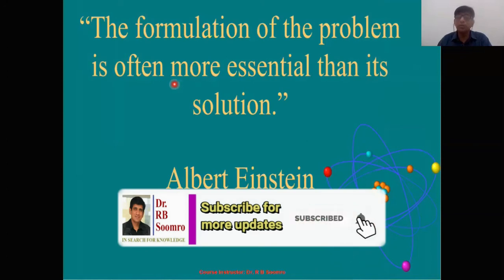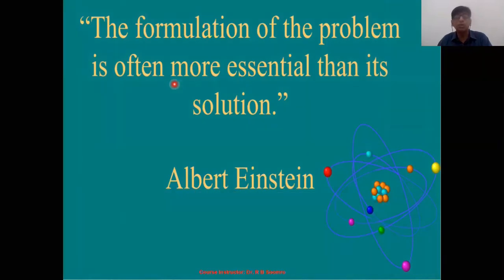In other terms, the question is more important than its answer, because if there is no question, then there will be no answer. The question is basically opening the doors of knowledge for the person who has asked it, and also for the people listening to the answer.